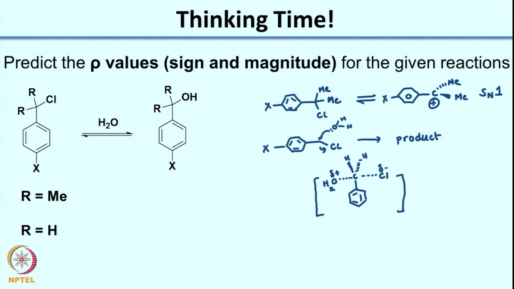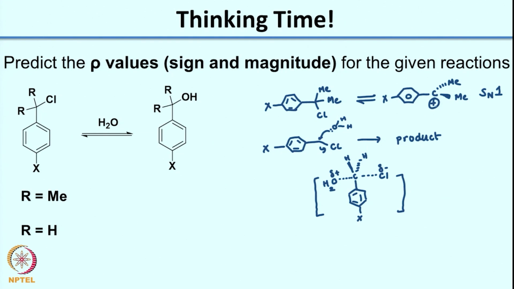Now, if you see the transition state, you do not have a very prominent charge buildup at the carbon next to the aromatic ring. So, this is where you are having the substituents, whereas in this case you have a strong positive charge being built.